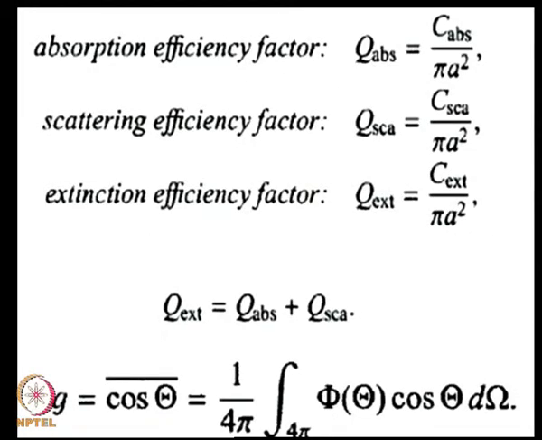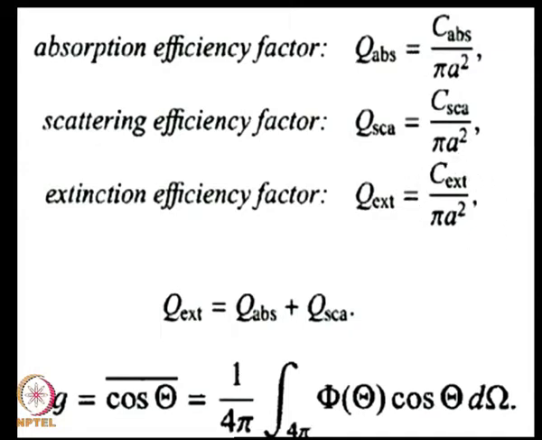Now, let me again go back and remind you about the three efficiency factors: the absorption efficiency, which is the absorption cross section by pi r squared or pi a squared; scattering efficiency, scattering cross section by pi a squared; and extinction efficiency, which is the sum of these two, is the third term.